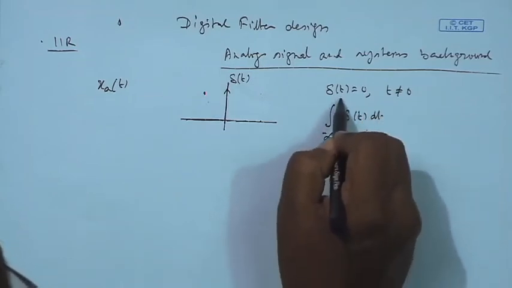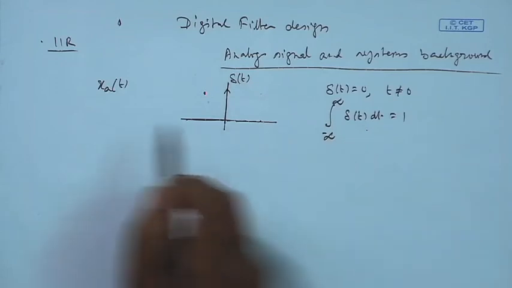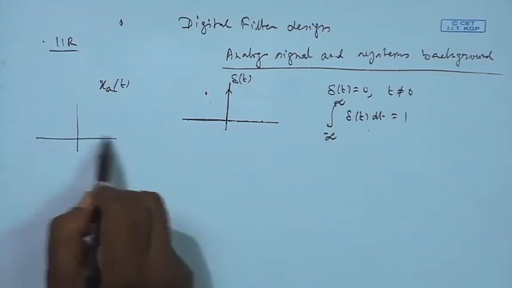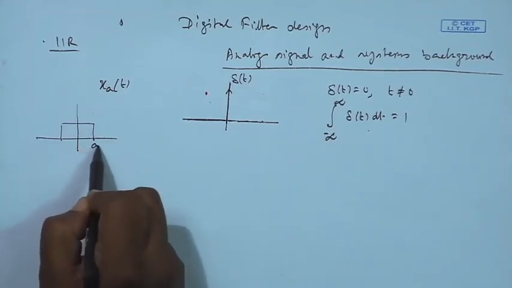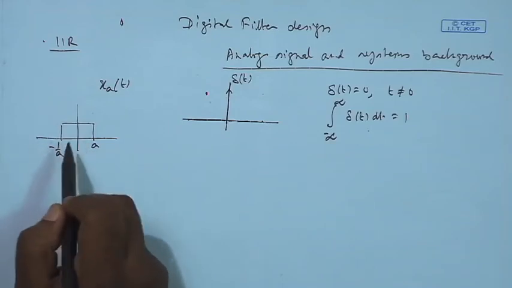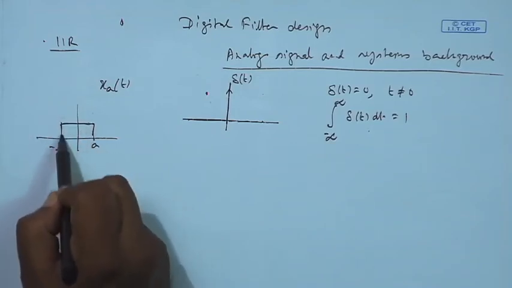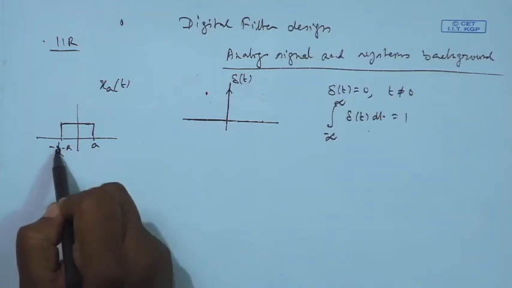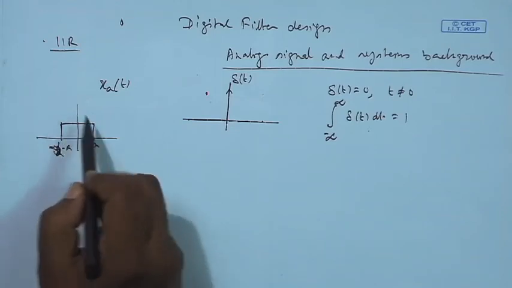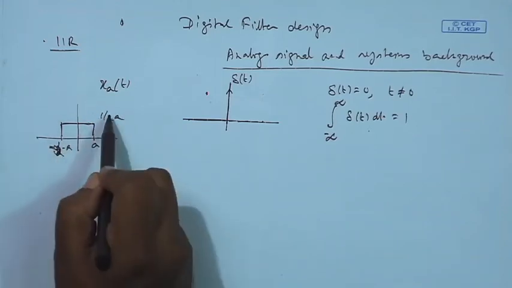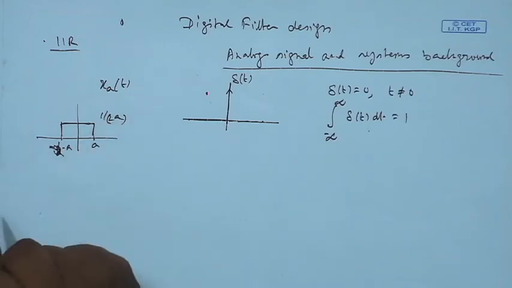That is why they teach like this, that first you take a box, say maybe A minus A. I want to make the area 1, so total length is 2A, and this height is 1 by 2A.